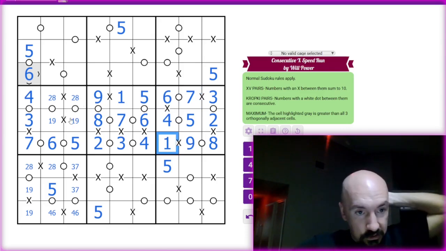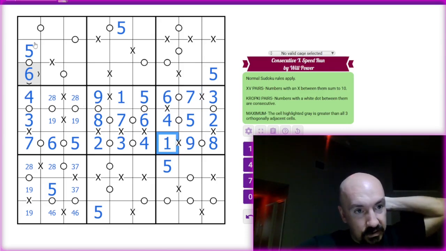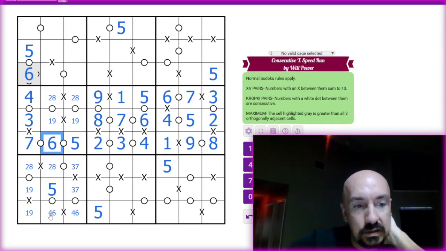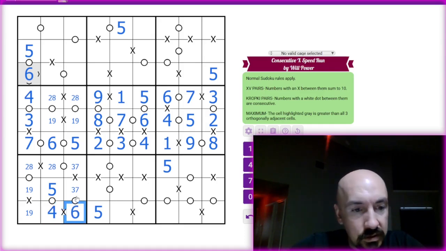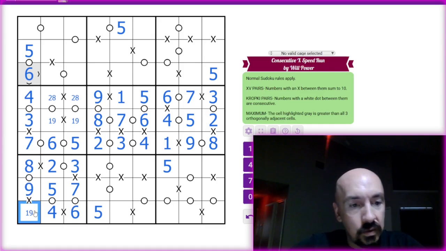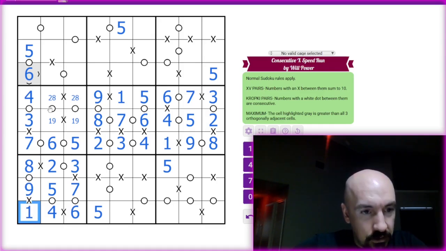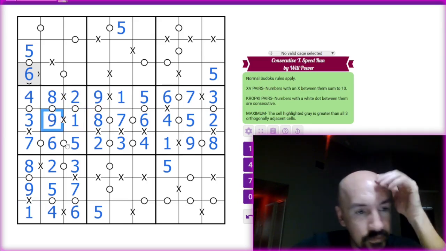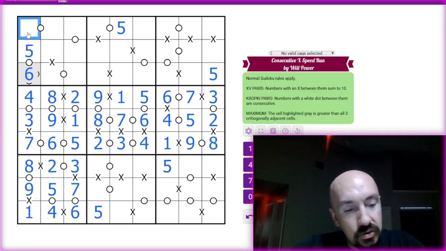All right, that's good stuff. This is now going to be a 2, 8 pair as well. Ooh, that 6 sees this one, so that's going to be a 4, 6, 7, 3, 2, 8, 9, and a 1. Hell yeah. So that's an 8 with a 2, so 1 and 9, which places this as a 2.